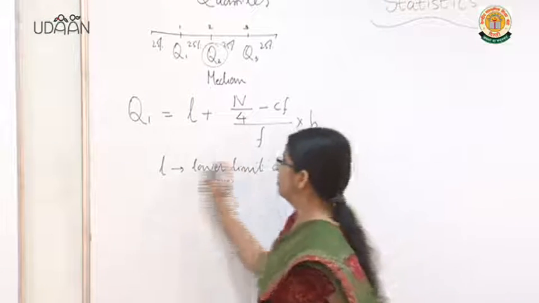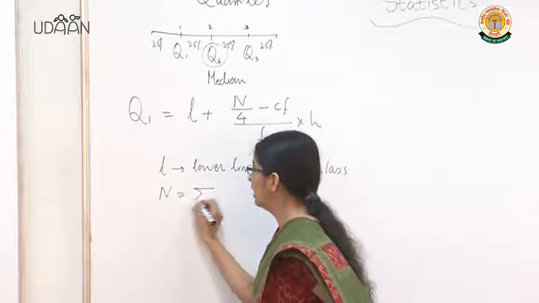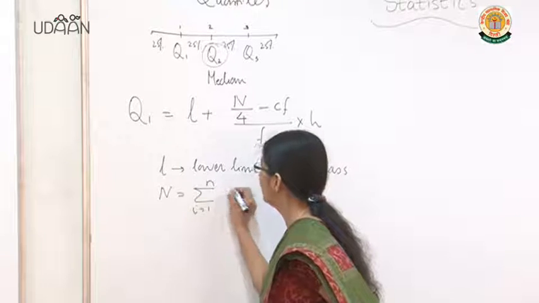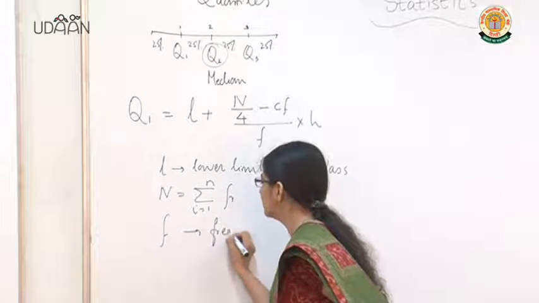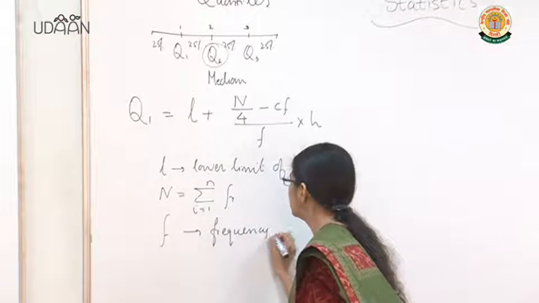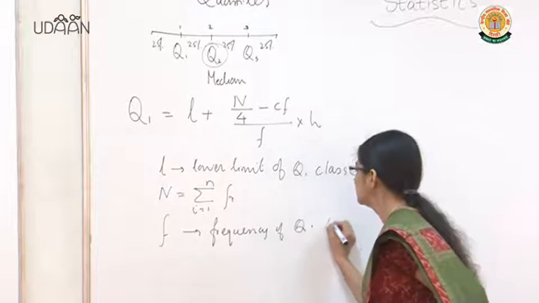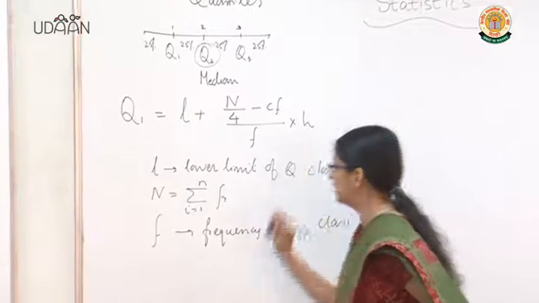Then n is total frequency, sigma Fi, i varies from 1 to n. f is the frequency of the Q1 class.